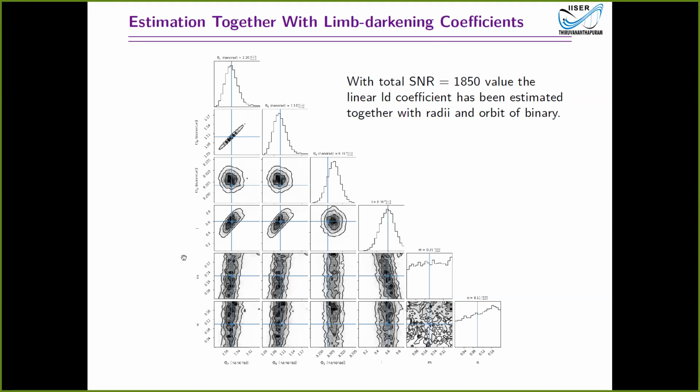However, we couldn't estimate the quadratic coefficient and the cubic coefficient because the contribution of these two coefficients in our signal is very low. The good thing is that these two coefficients couldn't be estimated, but they are not affecting the other parameters. Other parameters are easily estimated.